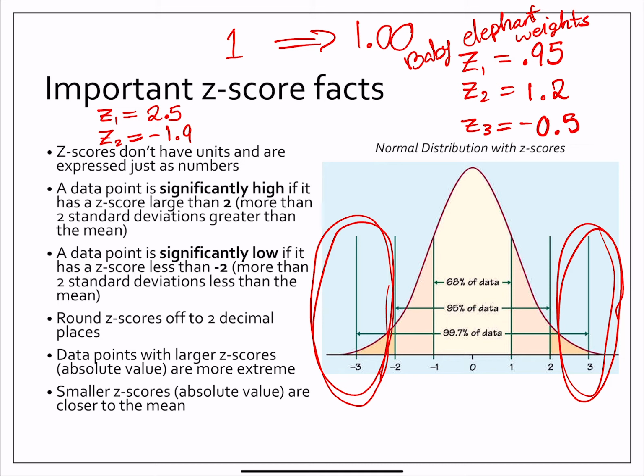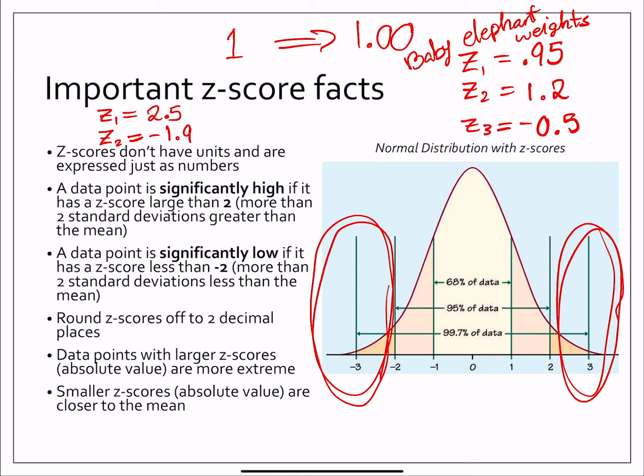So Z2 would be the heaviest. Okay, so that's a start. Z2 is the heaviest, and which one's the lightest? Z3, because it's a negative. Okay. And that's the more concerning one, because that means the elephant is underweight. Right.